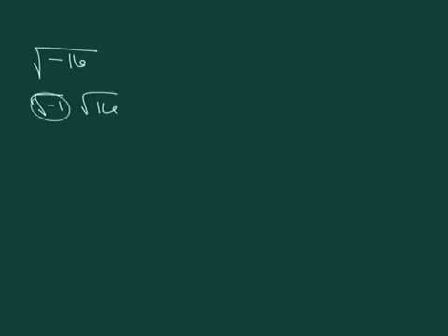And then they change that to an i, which equals 4i. Okay, so that's what they do. The only difference between what I do is I skip that step, and I just say this is square root of 16 i equals 4i. So I skip a little bit.